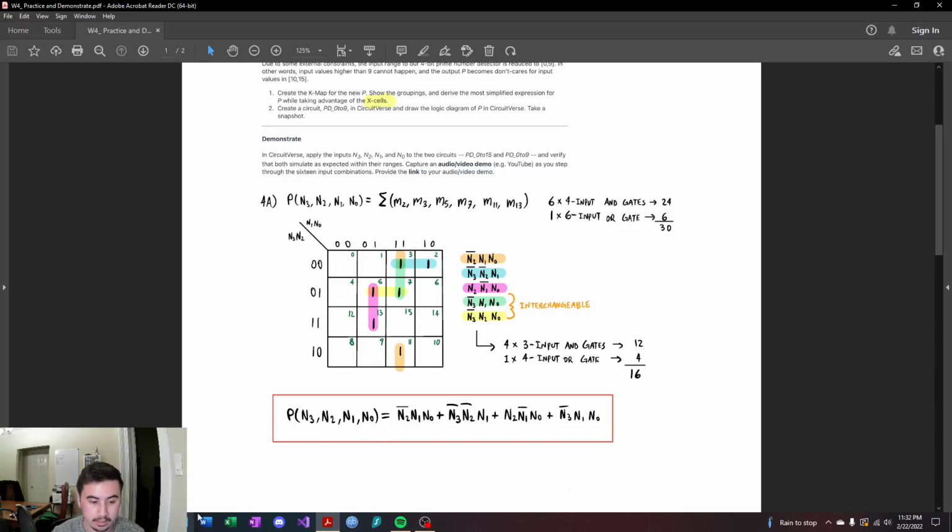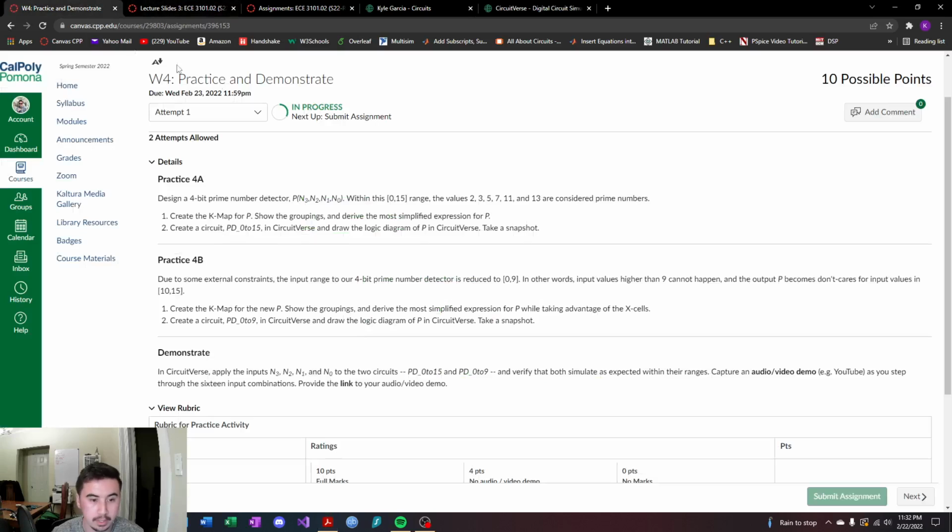Now going on to 4B, we are tasked with essentially the same 4-bit prime number detector. The only difference is now our range is from 0 to 9. So anything that isn't 0 to 9 is going to be labeled as a don't care.